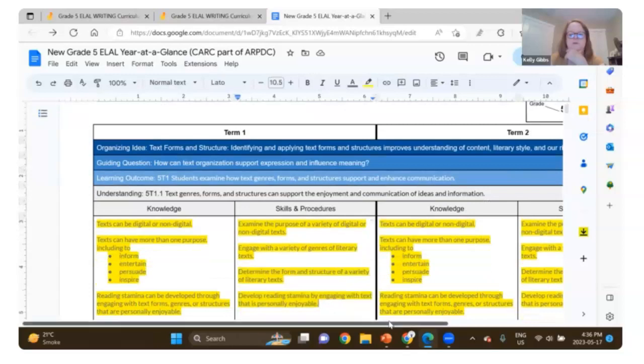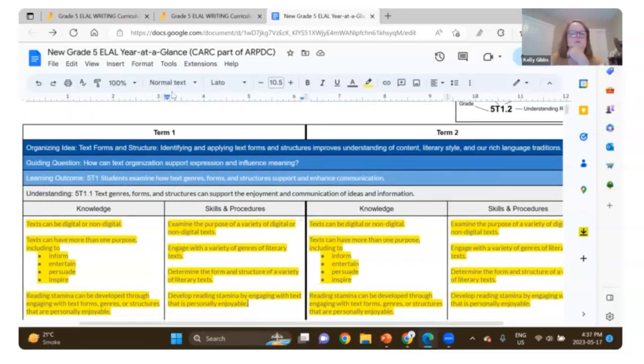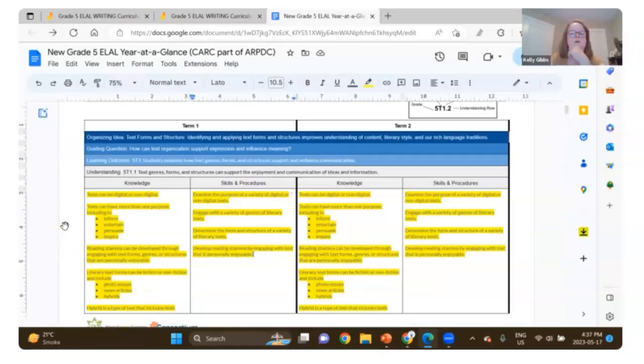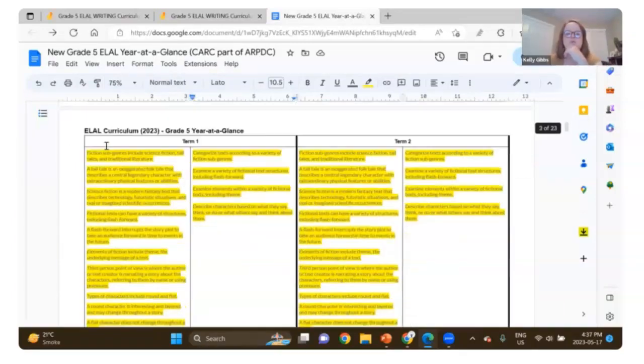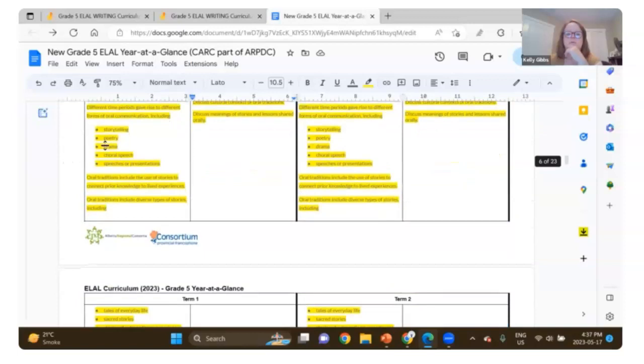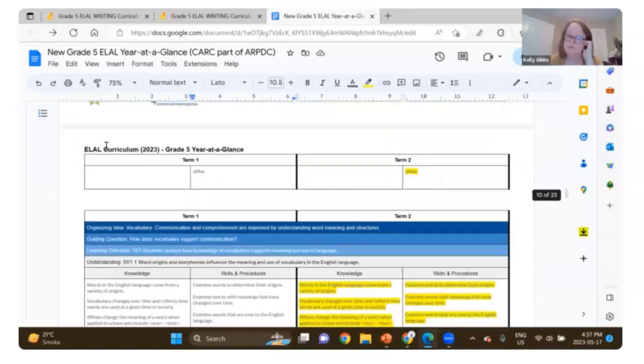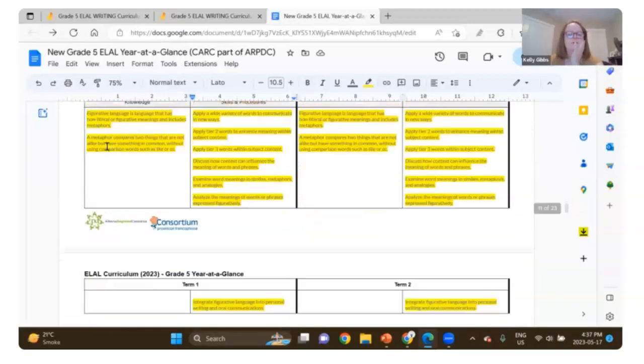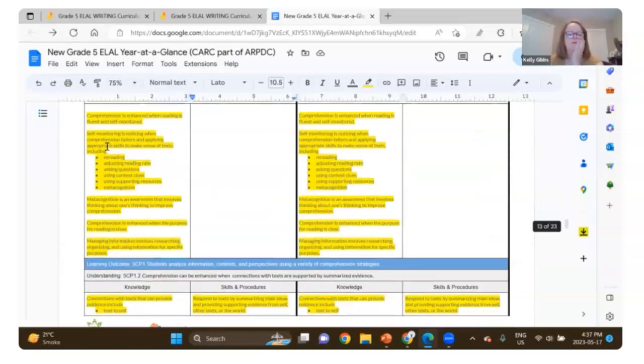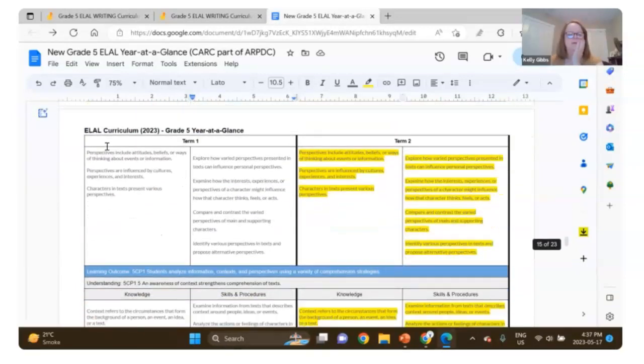I guess I need to make that a bit smaller. We're going to scroll down to the writing, because this is the whole grade 5 curriculum. There's comprehension, and it should be up to writing.